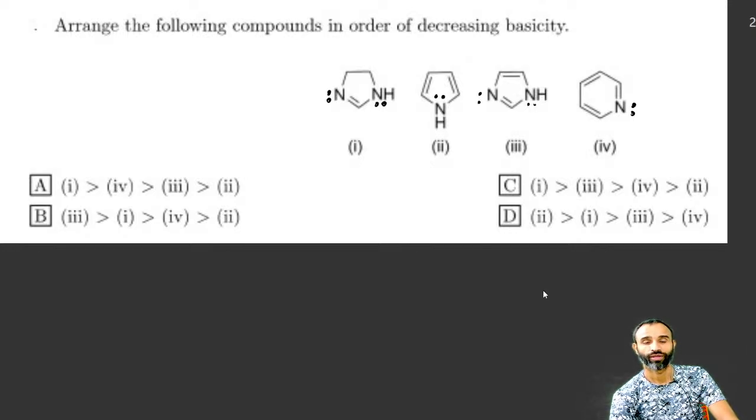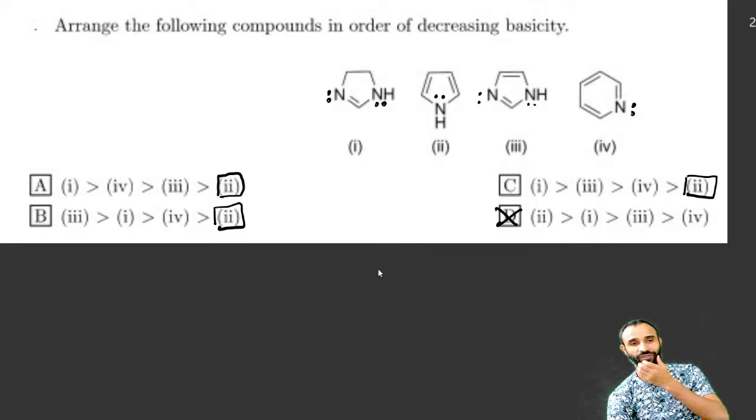So see, least basic is which one? Least basic. Second, sir. Yes, but that will not serve the purpose, because second is least basic in most of the cases. So that means we can reject option D by choosing this. Okay. Why is second least?